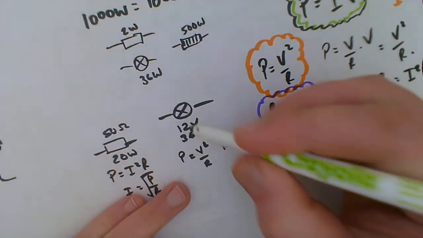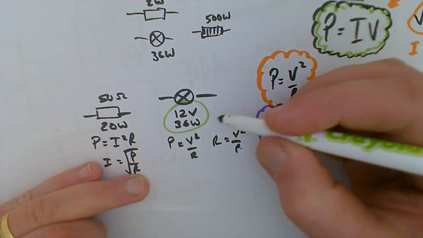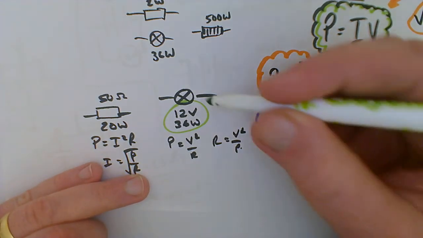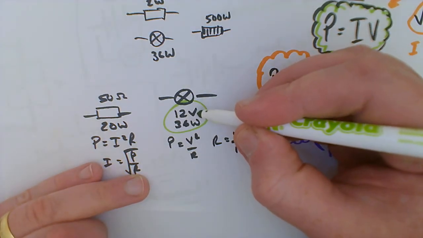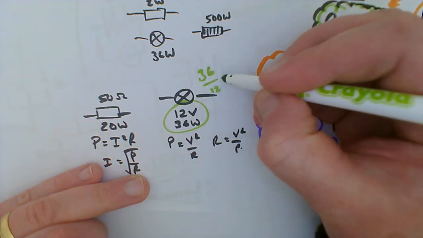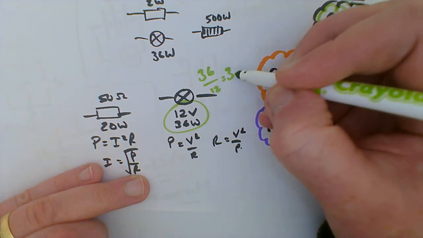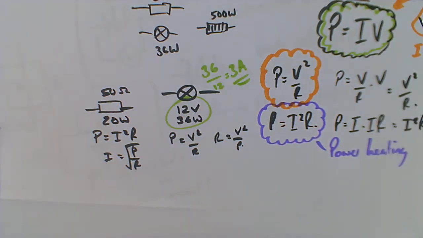So in this bulb here, what's the operating current of this? If it's working at 12 volts and it's 36 watts, 36 divided by 12 would equal the current, which would be 3 amps, isn't it? That's easy maths. So we know that that bulb needs to work at 3 amps, right?